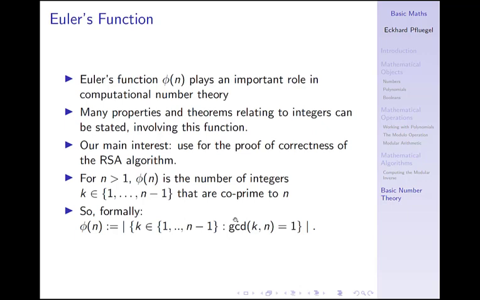So now we will introduce Euler's function, quite often written as phi of n. Phi of n plays a very important role in computational number theory, and it is often used to express complex statements and theorems that relate to integers, using the function phi as a part of the statement, and it's also very useful for proofs.